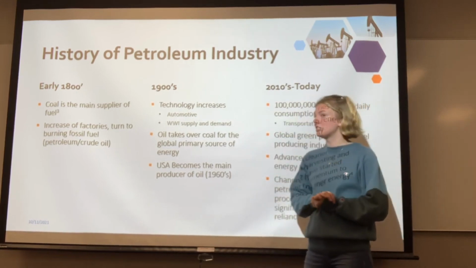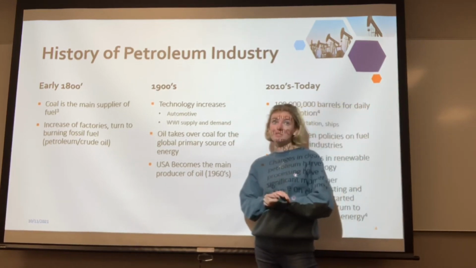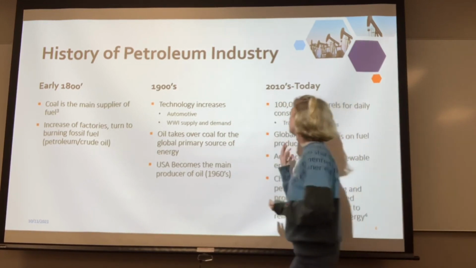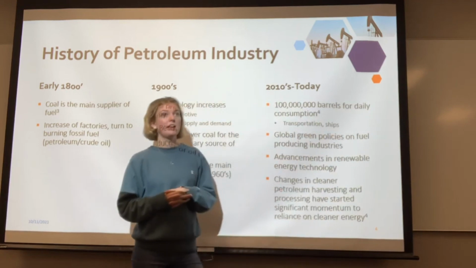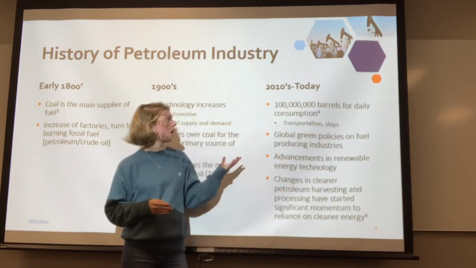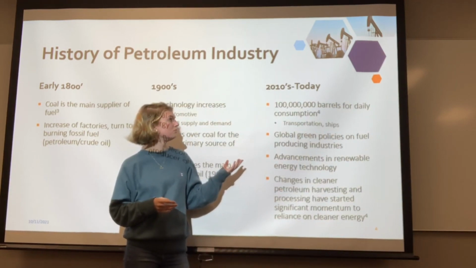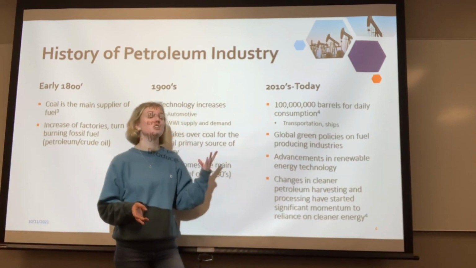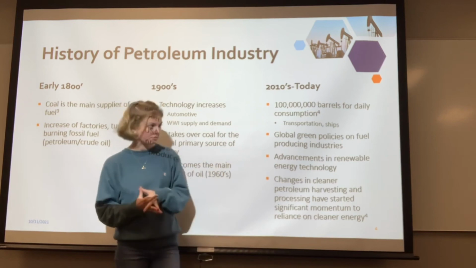And in the 1960s, the USA becomes the number one producer of oil. Now, in recent years, we use 100 million barrels of oil a day, roughly. Barrel is a unit of measurement for oil.